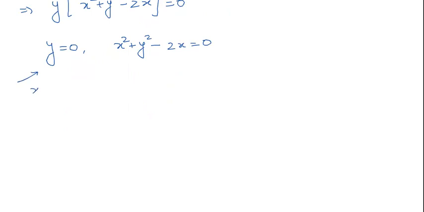Now y equal to 0 represents the x-axis, and in the complex plane we can say that it is the real axis. And in this expression here we can say that the coefficient of x square and y square is the same and the term containing xy is missing, so therefore it will represent a circle. And also we can say that there is no constant term.